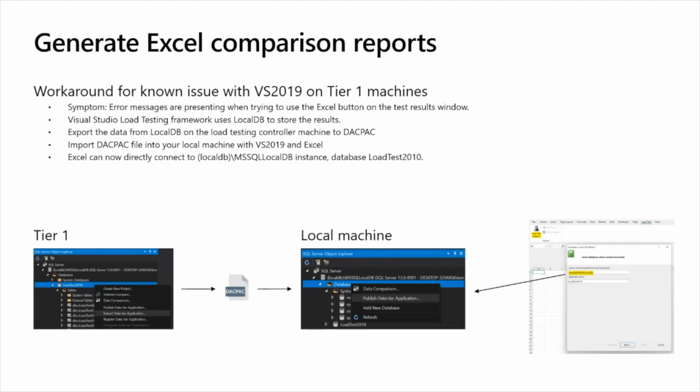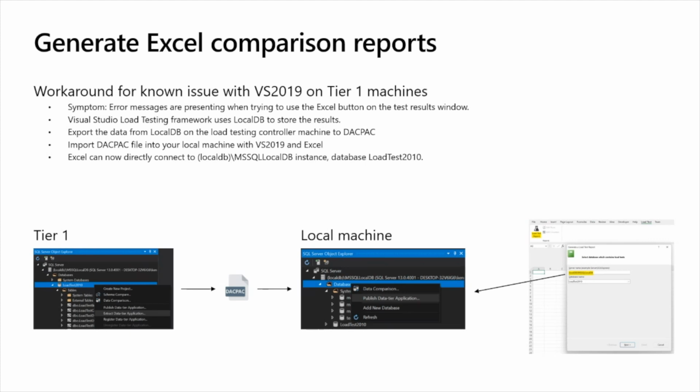Some of our LCS deployed cloud hosted environments might present you with a challenge with the Excel add-in for generating the reports. It'll prevent you from connecting to the test results, and you will be unable to open those reports.